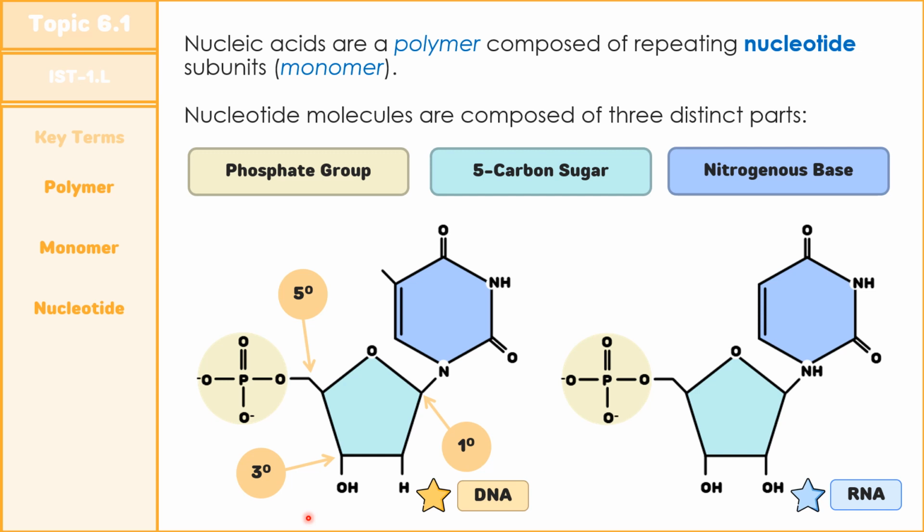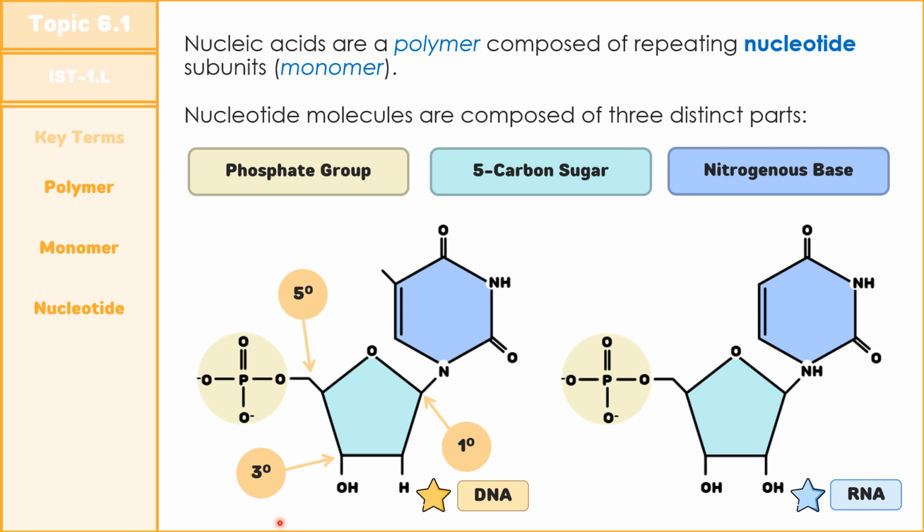So one of the main ways that we can encode genetic information, because you'll notice that this part of our DNA molecule, this part of our RNA molecule, those are going to look the same, regardless of what we're dealing with.